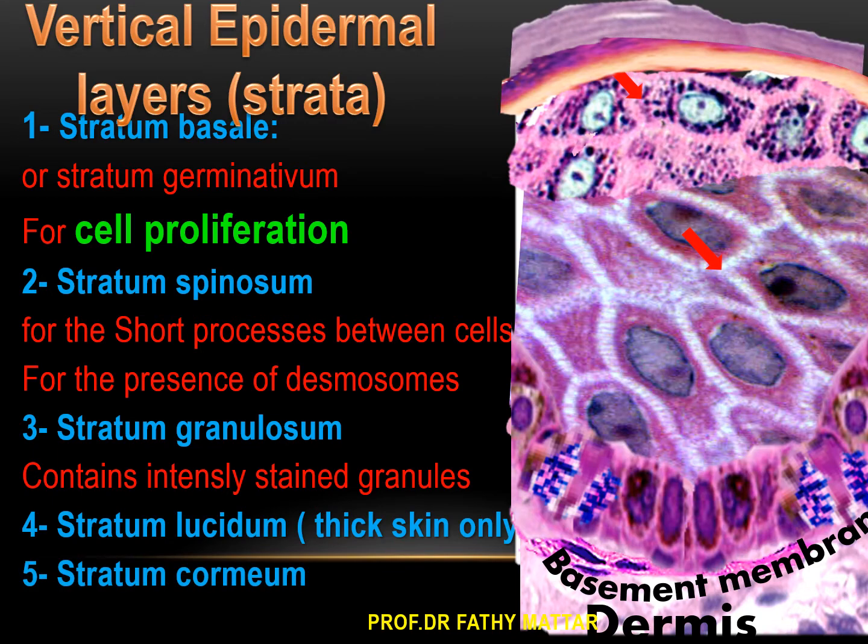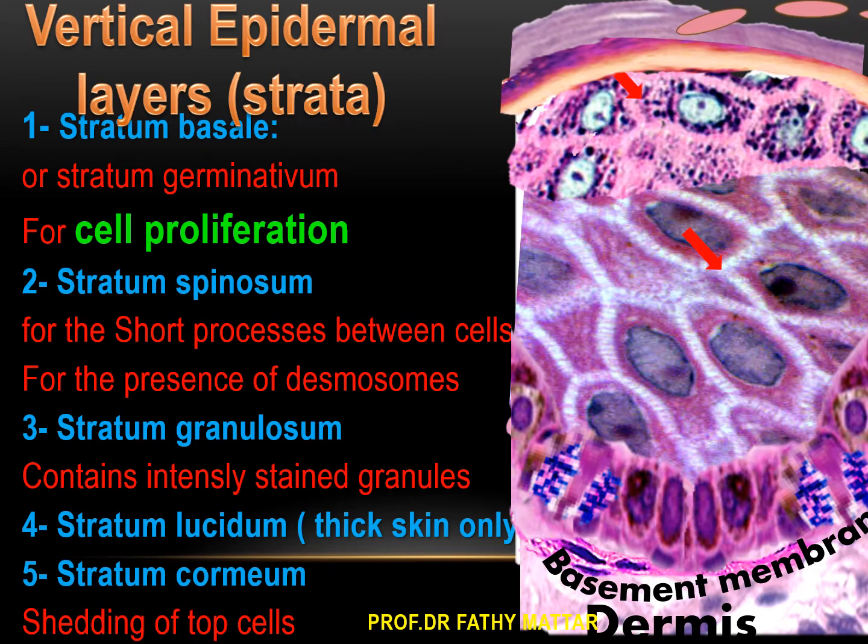Above that is the stratum corneum, which is formed of cornified dead keratinocytes, called corneocytes, which shed from the top all the time.